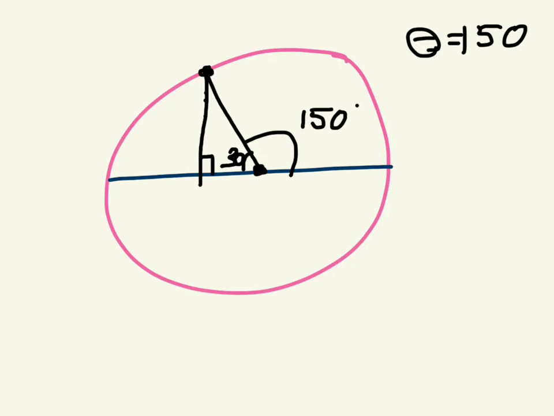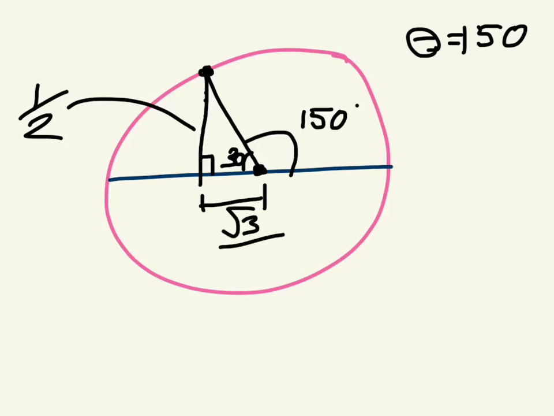But it means if the angle is 150, the height here is still a triangle with 30 in the center. And we just said a moment ago that's a half. And the overness will be root 3 over 2. This time we should notice that the overness is to the left of the center, so it actually should be negative.